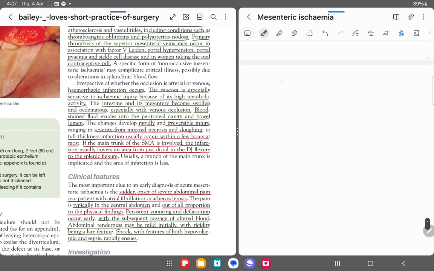So, pathophysiology. What happens is occlusion, whether it is arterial or venous, causes hemorrhagic infarction.